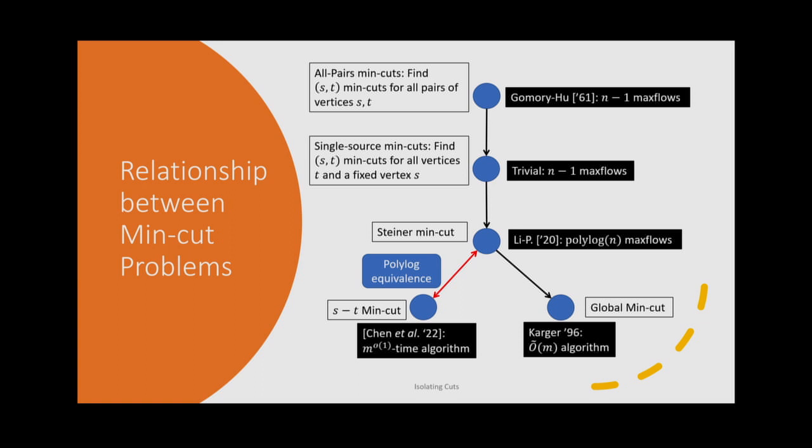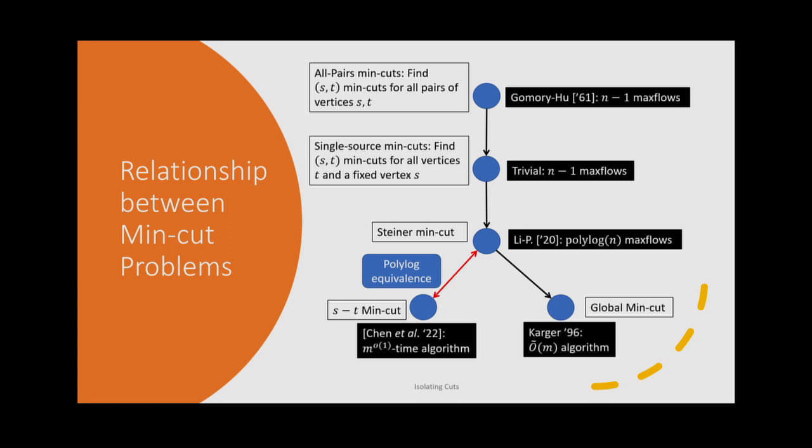The naive algorithm for single source min cuts is just n max flows, and the naive algorithm for all pairs min cuts is n squared max flows, but for 60 years we know how to do better. Gomory and Hu, in a classic algorithm in 1961, showed that even for this more general problem, it's sufficient to just run n minus 1 max flows. You don't really need to run n squared different max flows. I'm not going to show you how, but this has been known for a long time.